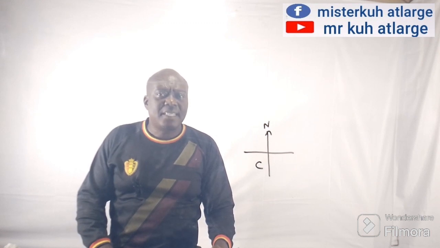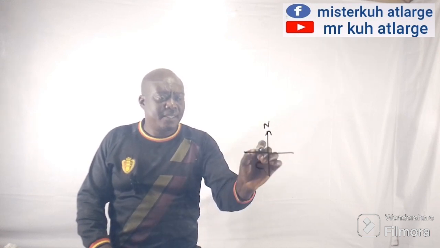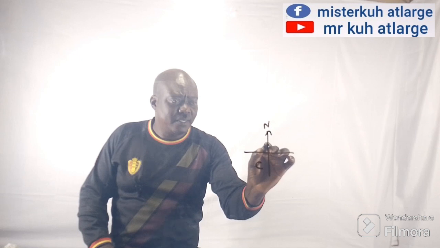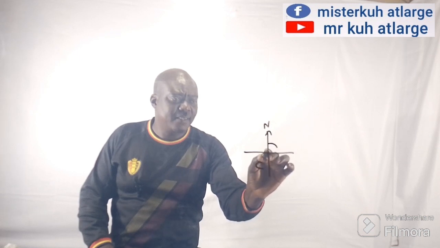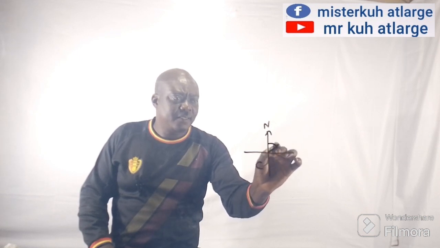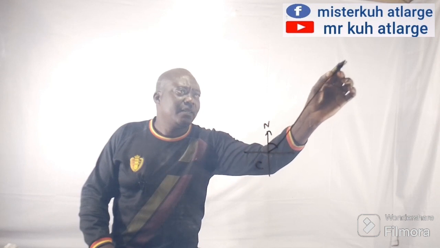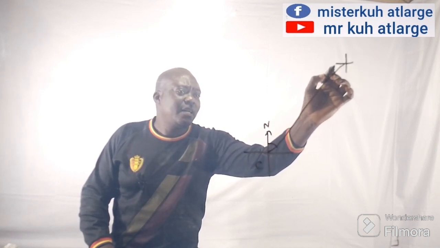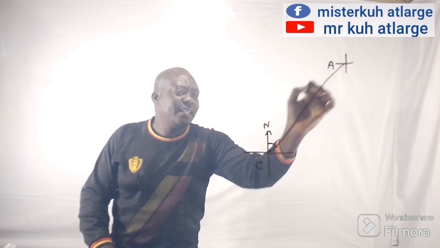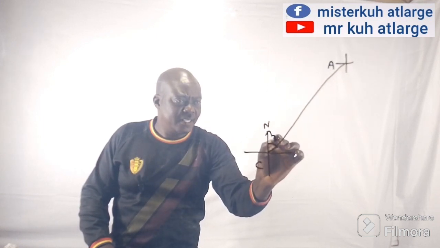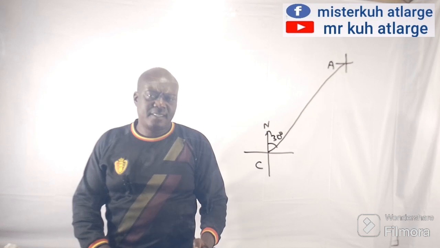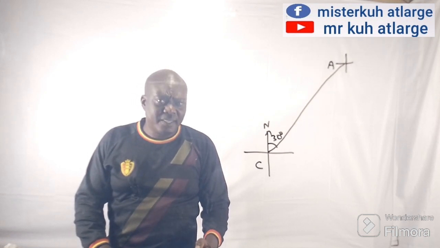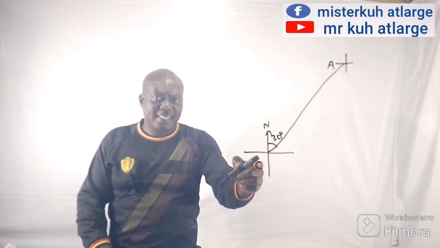A is 30 degrees from C. That means you now draw 30 degrees here and you mark this place as A.